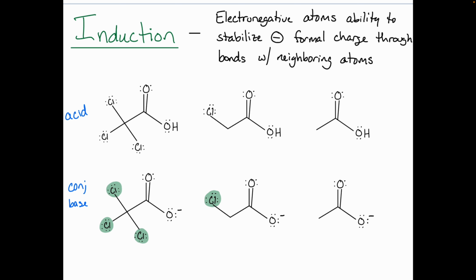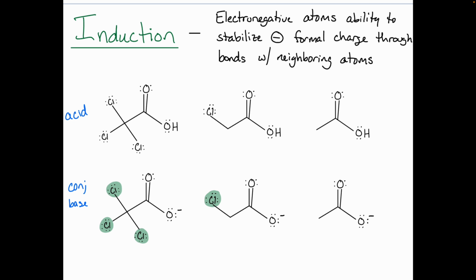All right, and somebody sort of pointed out last class that that kind of sounds a lot like resonance. And it is pretty similar, but way weaker than resonance, right? Resonance was even higher on our list. Remember, resonance always occurs through like pi bonds and lone pairs. These are through single bonds here, and it's way, way weaker of a stabilization effect, but nonetheless still has an impact, all right?